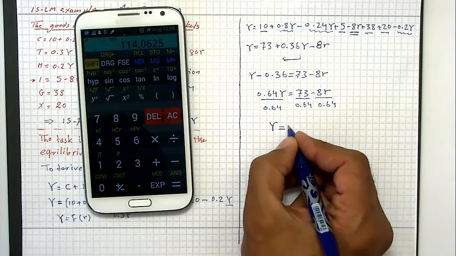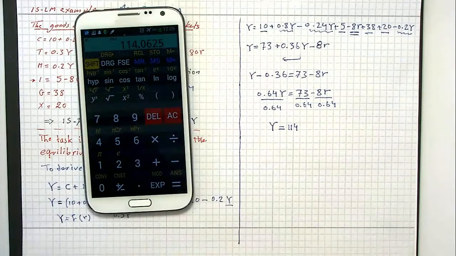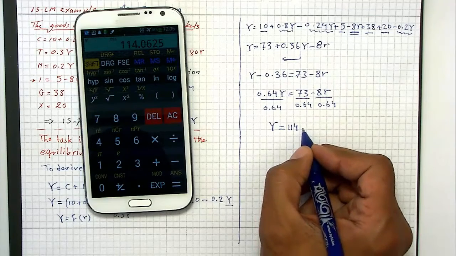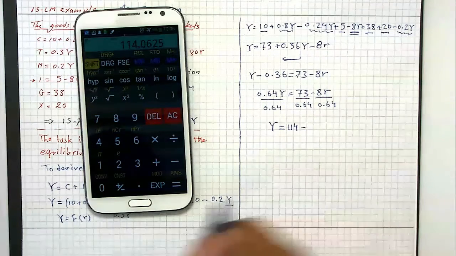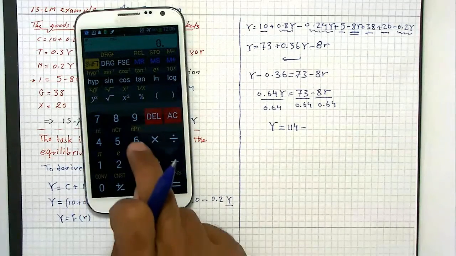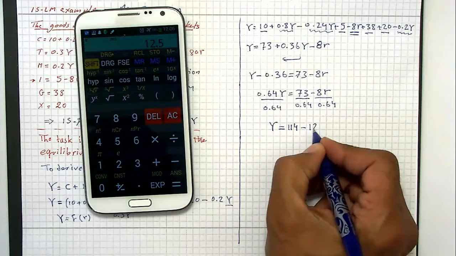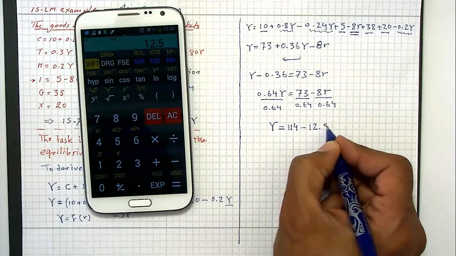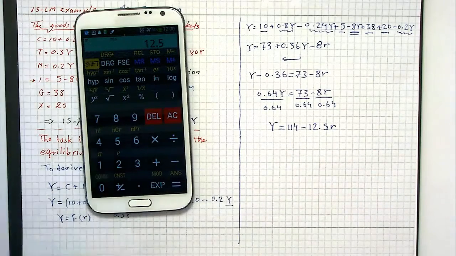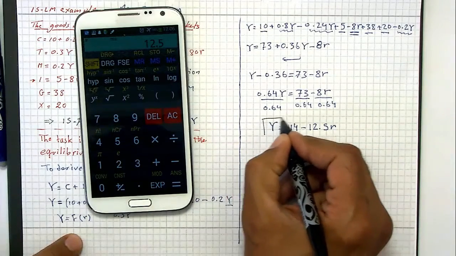That makes 114. I skip the decimals. And minus 8 divided by 0.64, I have 12.5 times r. This is my IS function.